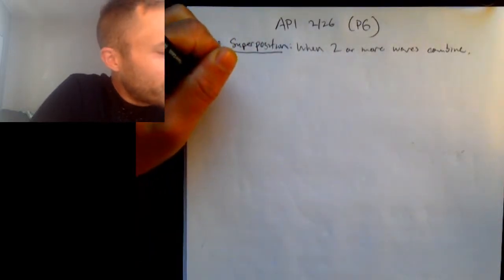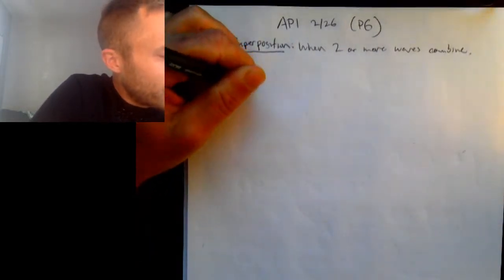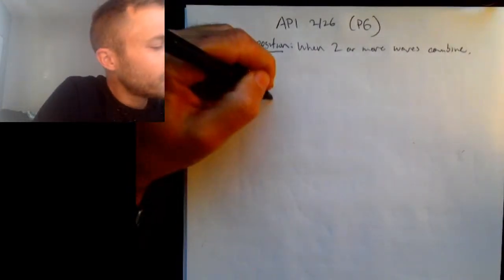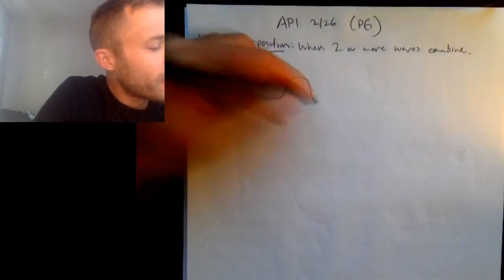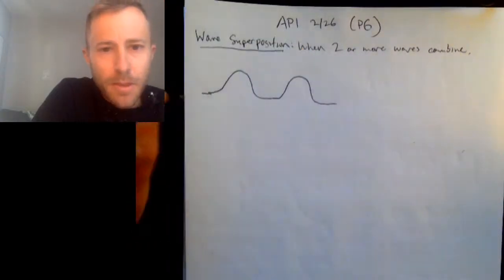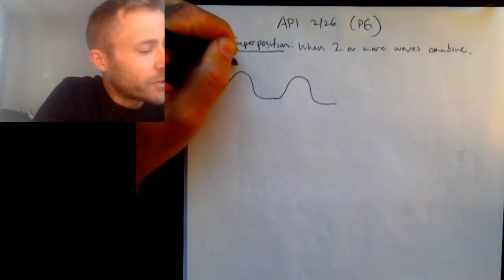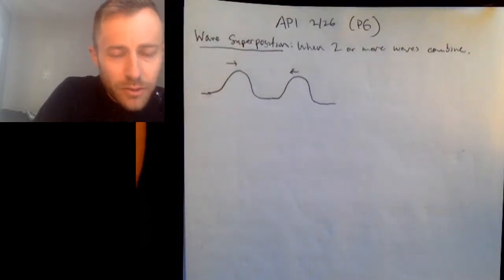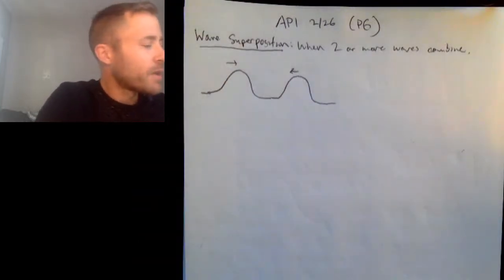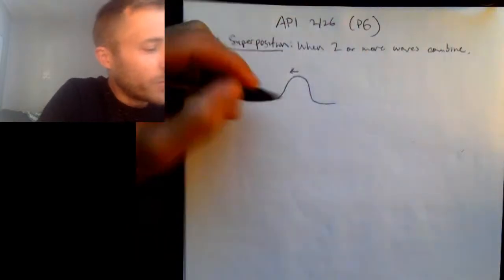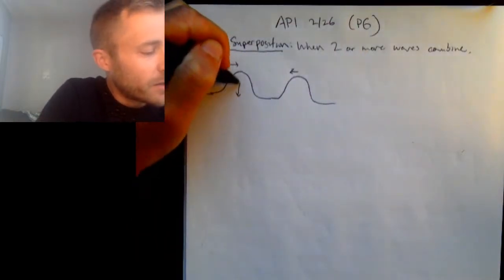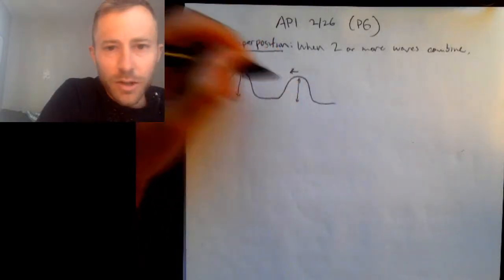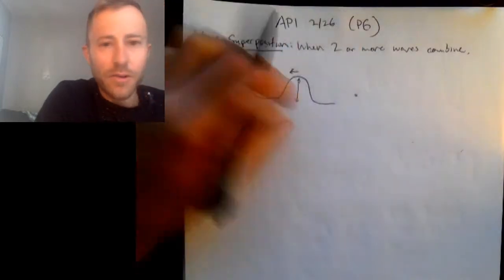So what if I have two waves, and this wave is a peak, and this wave is a peak, and these two waves are on a collision course. What is going to happen when these two waves overlap with each other? Well, what we would do is we would take the height of this wave and we would take the height of this wave, and when they overlap, we would just add the two heights together.